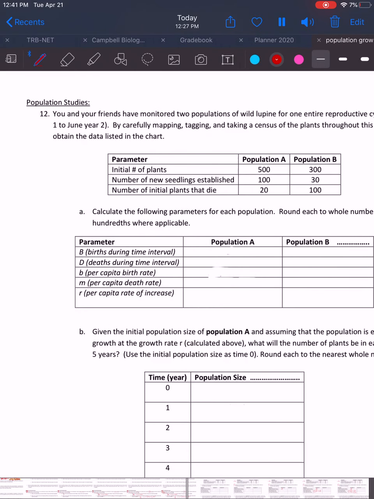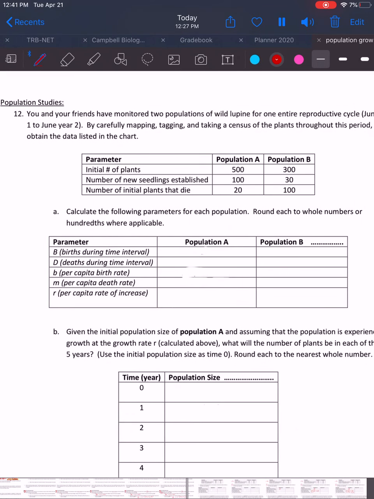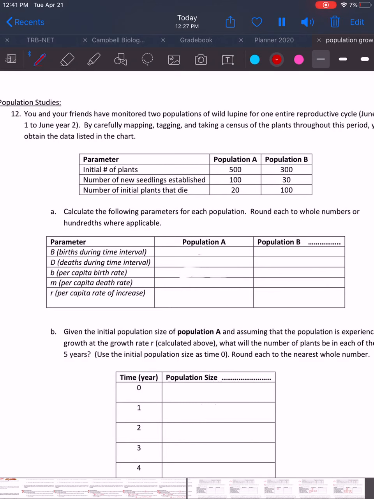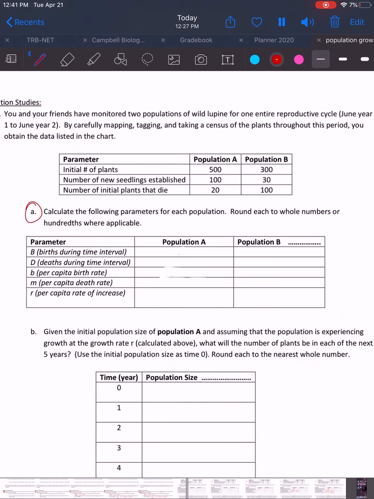There we go. The next set is going to be population studies. And so I'm going to do population A alongside you to give you population B to do on your own. Okay, so our situation here is we're going to be calculating the stuff in this chart.